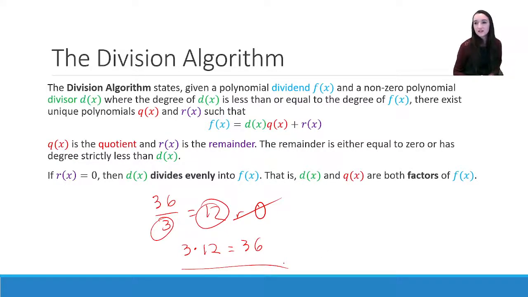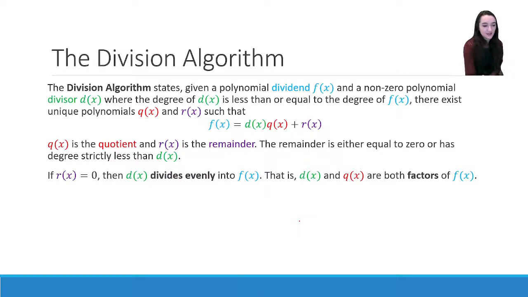Writing it like this is a division algorithm, because we're just leaving off that plus 0 remainder. So that's what this is saying: if we get a 0 remainder, then we have a factor. So we can use this polynomial division to help us factor larger polynomials that maybe you don't know how to factor as easily as you can a quadratic.